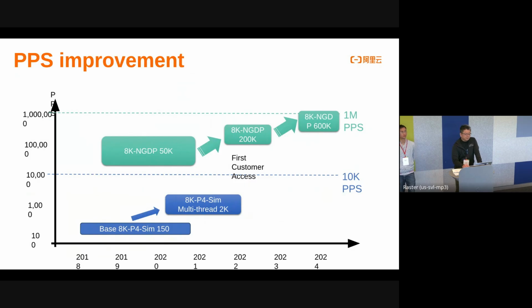That's why we started the new project that we call NGDP. Our initial target is 10K PPS for comprehensive system level testing and development. Our first iteration got 50K, and then the next one got 200K, and now we are in the third stage.